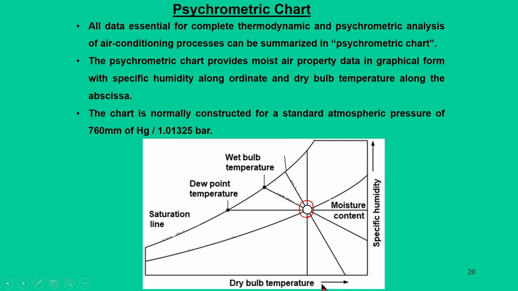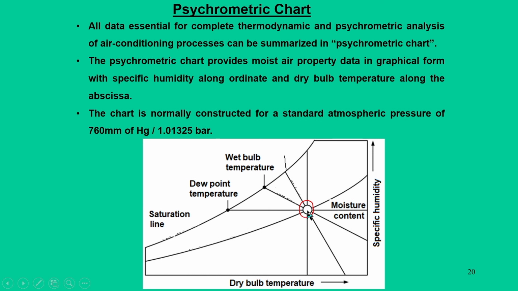So, we have a dry bulb temperature axis, we have a specific humidity axis, and for any state within this we require two properties, that means you will be given the values of two properties at the initial state, and with that we can locate the point on this chart.